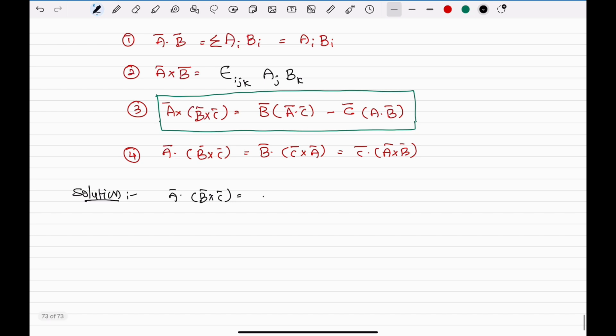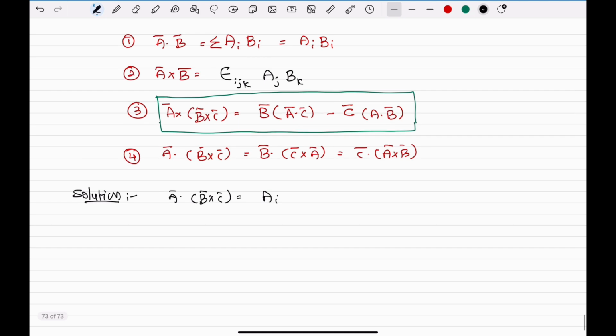A is nothing but AI. Note here, a vector A can be written as AI. That sigma notation, because of Einstein's notation, we have dropped.